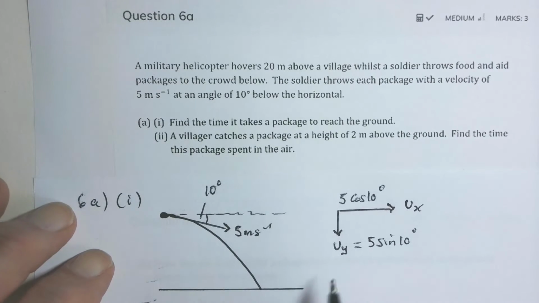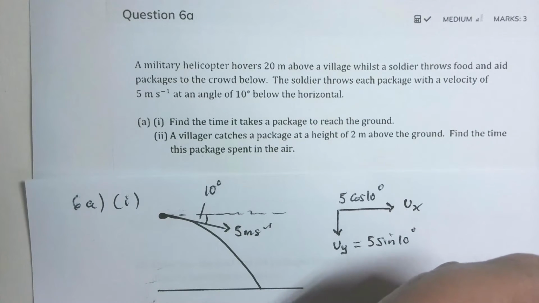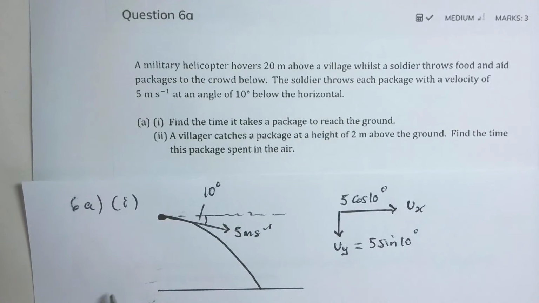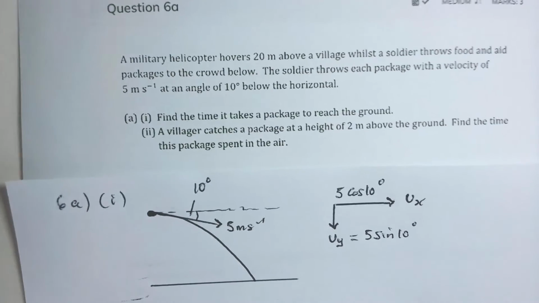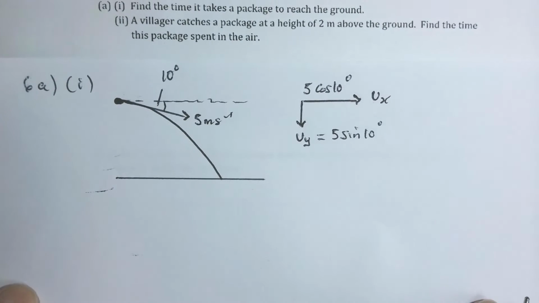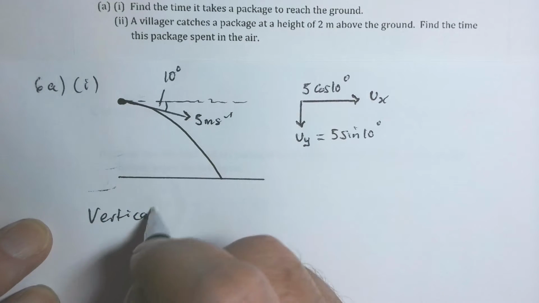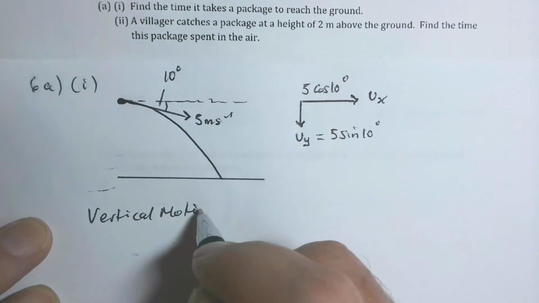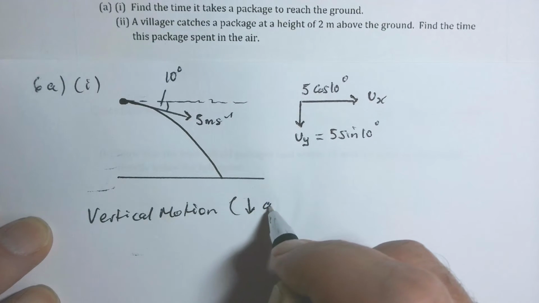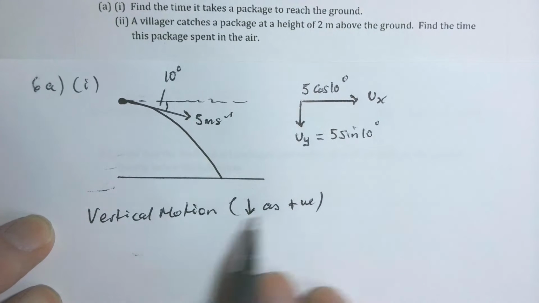Now, because we're interested in the time it takes to reach the ground, we're only going to focus on the vertical motion to start with. So let's consider the vertical motion, with downwards as positive. I'm indicating that to the examiner.